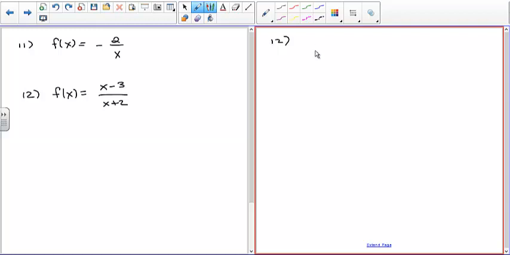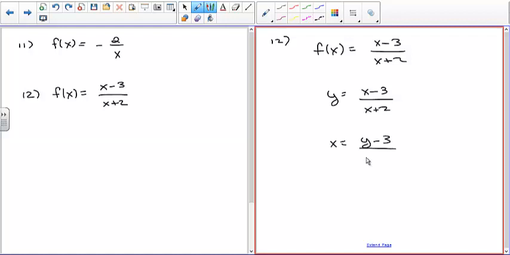So we're going to say f of x equals x minus 3 over x plus 2. Substitute y for x. Like that. Switch x and y. So how do we solve for y?